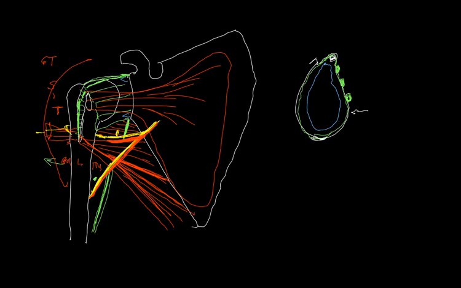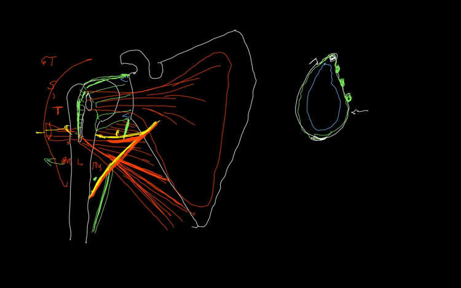So these are the boundaries of the lateral triangular space and the quadrangular space and what they pass. The lateral triangular space: latissimus dorsi, long head of triceps, shaft of humerus, passing the radial nerve and the profunda brachii artery.